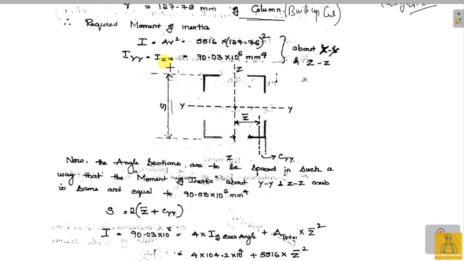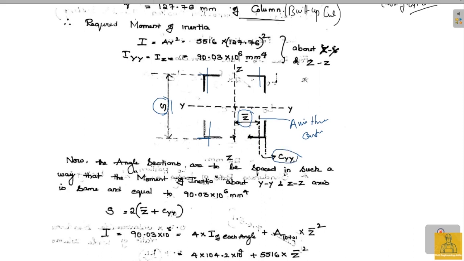The length of each side is denoted with S. From here to here, this is S, and this is the centroid, the axis through the centroid. The distance between the ZZ axis of the entire built-up section and the centroid of this section is Z bar. And from the centroid to here, it is CYY, isn't it?